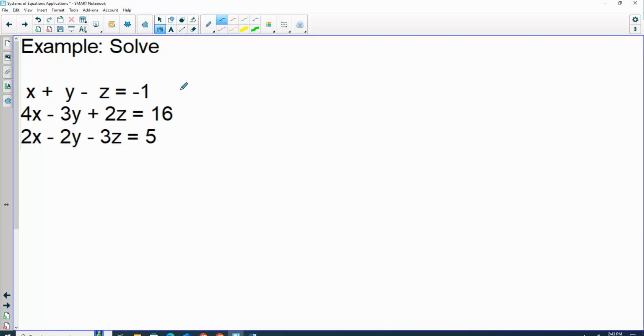So our best strategy is you take 2 equations and you eliminate a variable. Okay, so if I take my first 2 equations, what variable do you want to eliminate? Z. So what would I have to take, first one times 2?